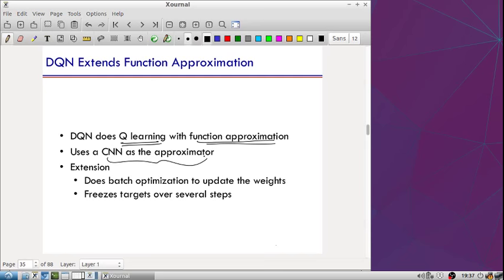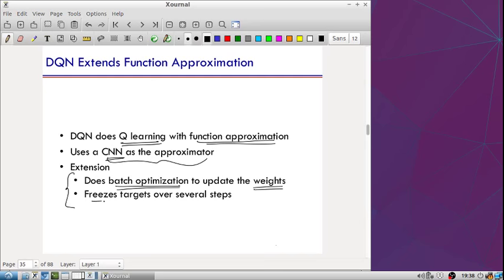And how is it going to mix function approximation with the Q learning update? It's going to do something called batch optimization to update the weights. First of all, the Q function was already approximated with weights through the CNN. Now we're going to update these weights using batch optimization, which is very similar to what we do in supervised learning.